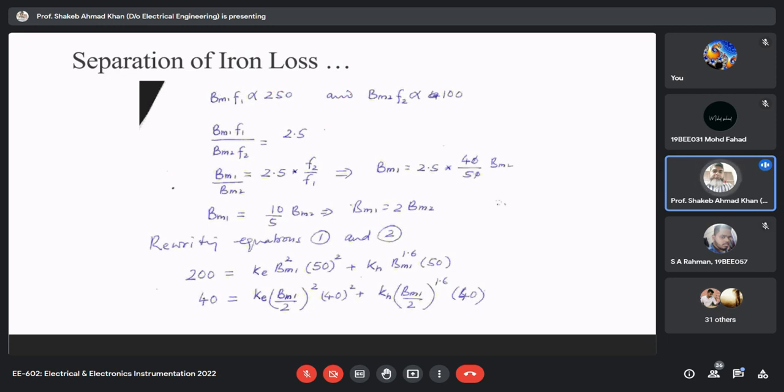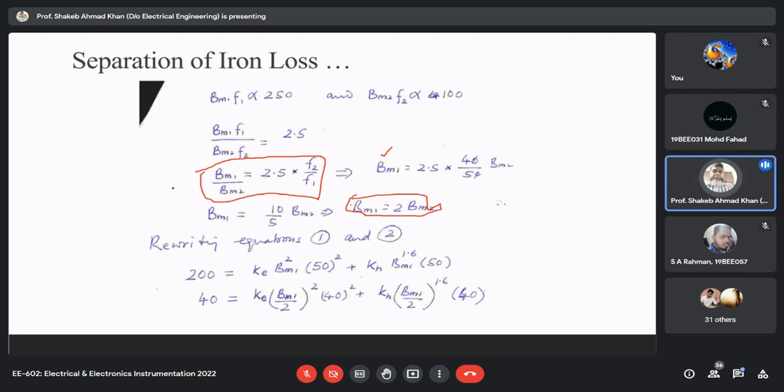So it is directly proportional to 250 and to 100, and we took the ratio of it. So very judiciously, we are able to establish the relation between these two flux densities because frequencies are known. So we found that Bm1 is equal to 2.5 times Bm2.